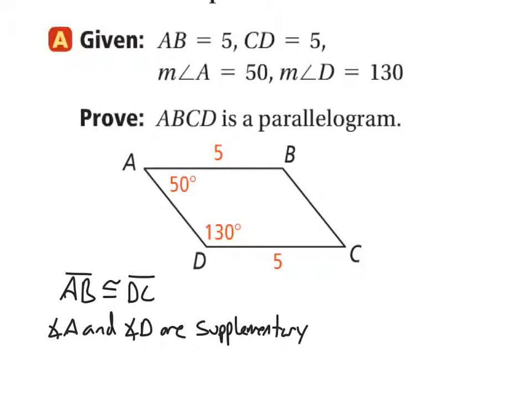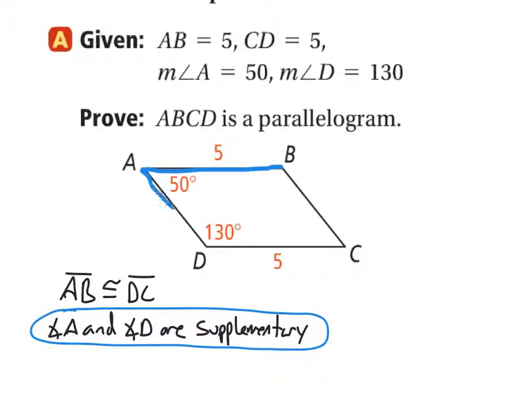So we're thinking maybe 6-12, because we have the one set of congruent sides, but we don't have the other set. But we're not there yet because I don't have anything saying I have parallel lines. But I do have consecutive supplementary angles. And if you look closely, don't they make that C shape we talked about many, many moons ago?